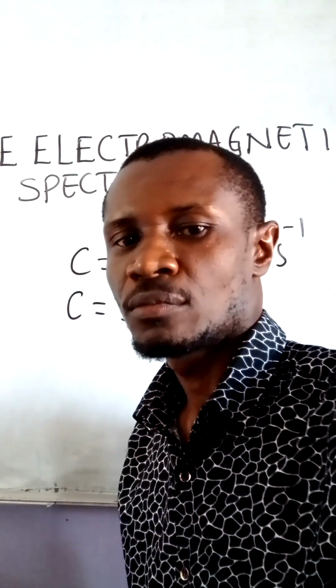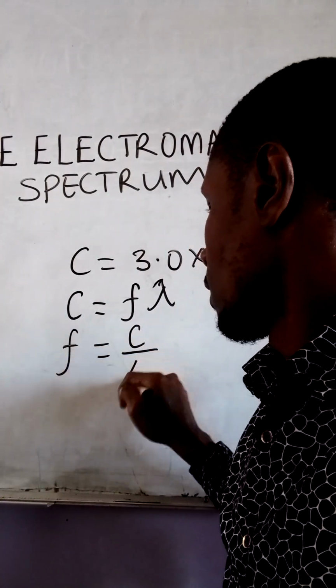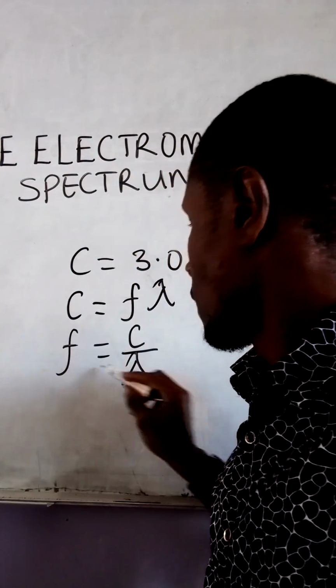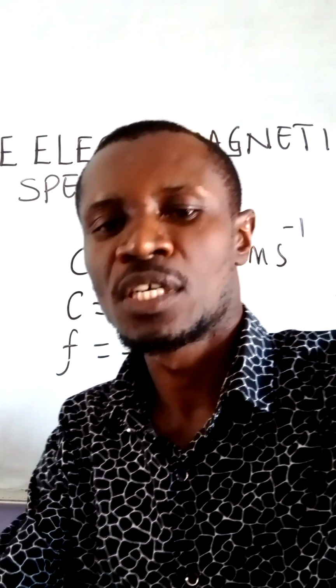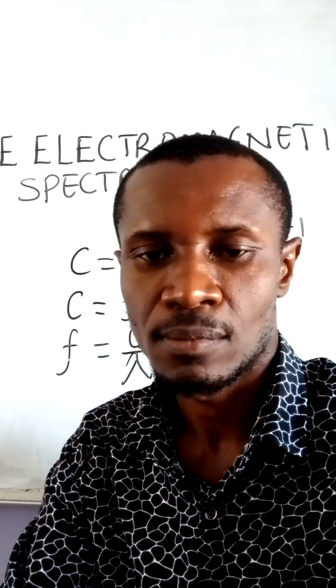And this relation shows that the frequency is inversely proportional to the wavelength. So the greater the frequency, the smaller the wavelength.